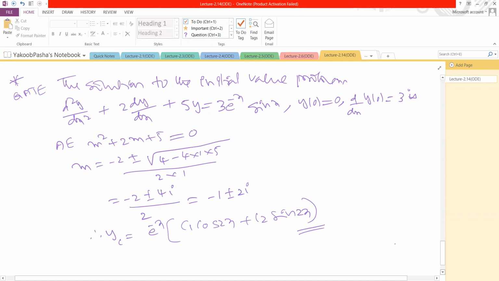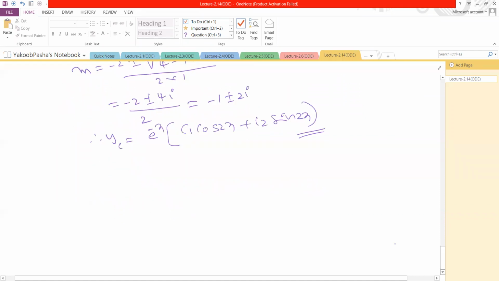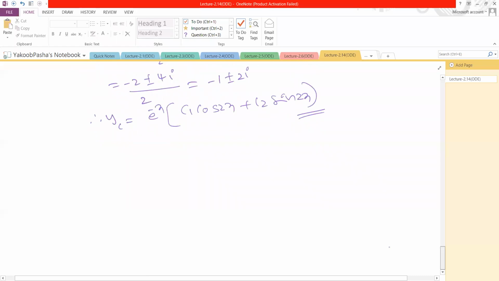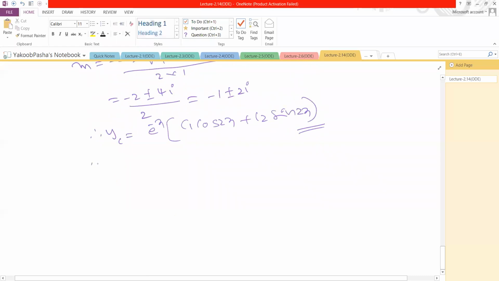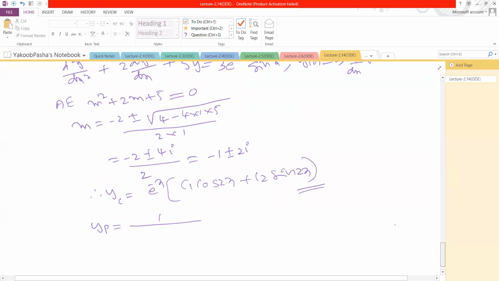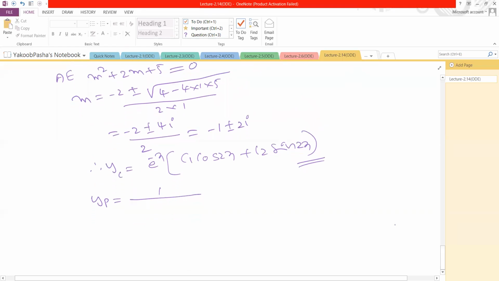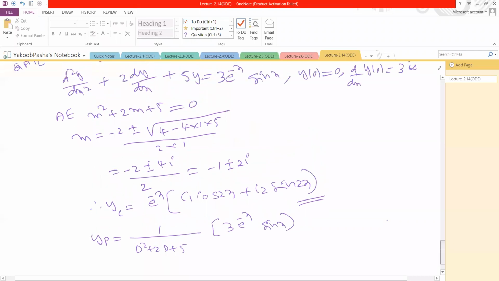Now we can find the particular integral, that is yp = 1/(D² + 2D + 5) of 3e^(-x) sin x.